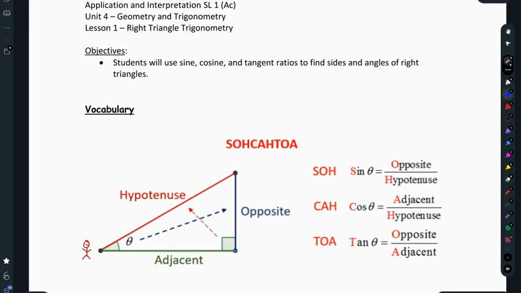Now, let's say I draw in a blue person. From this person's perspective, this side would be opposite, and this side would represent adjacent. So it's important to note that the opposite and adjacent sides can switch depending on the perspective, but the hypotenuse is always going to be across from the right angle.